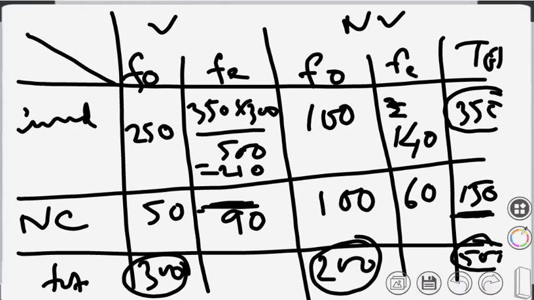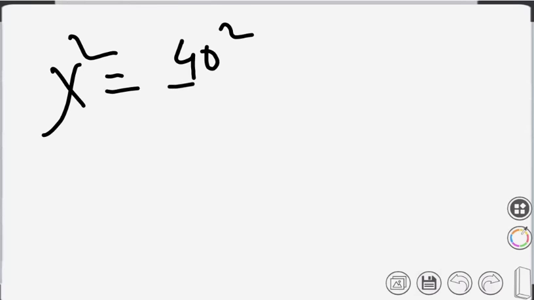So chi-square values, then what will the chi-square value be? So chi-square will be equal to 40 square by 210, right? What was the observed frequency? Please, I have rubbed the table. Please somebody say.